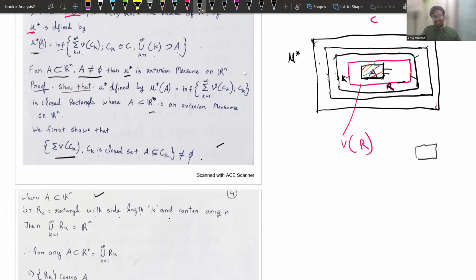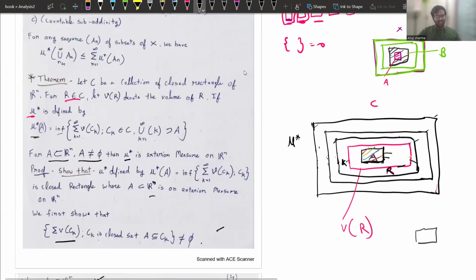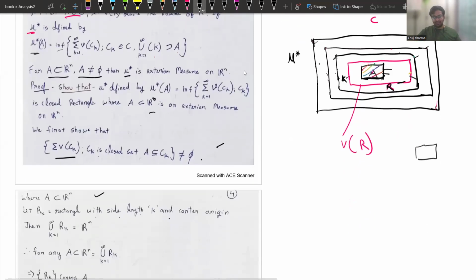C. As you can see, let C be a closed collection of rectangles of Rn, real numbers. So it is saying that all the rectangles have side length K in Rn.